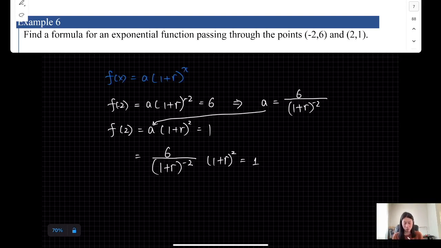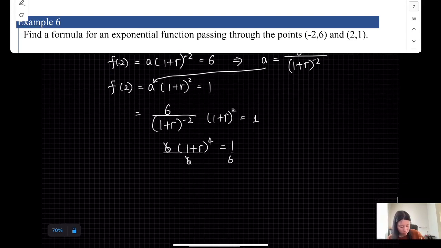Okay, so this equals what? Well, this is going to equal positive 4. I have 6 times 1 plus r to the 4th power equals 6... wait, dividing by 6 on both sides, you will have 1 plus r to the 4th power equals 1/6.